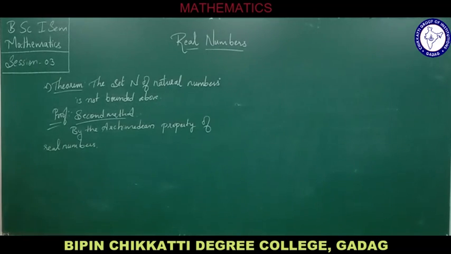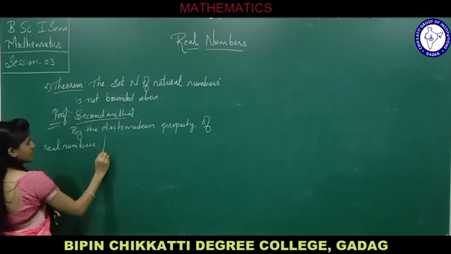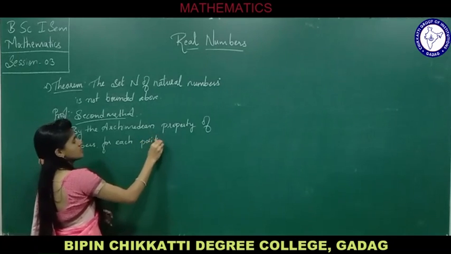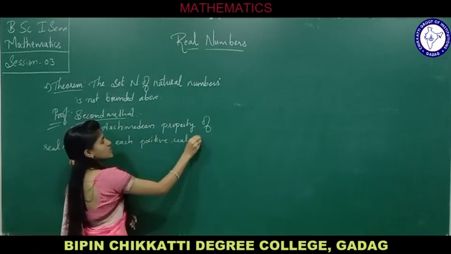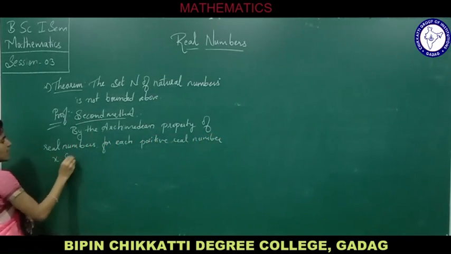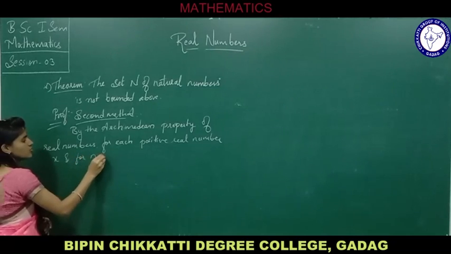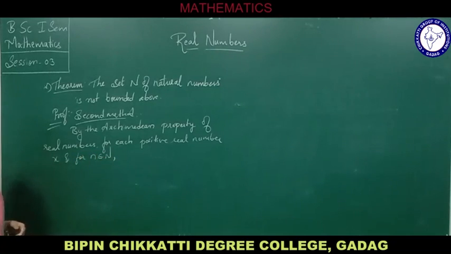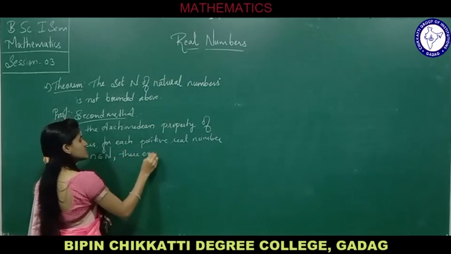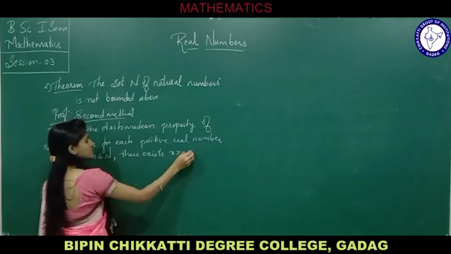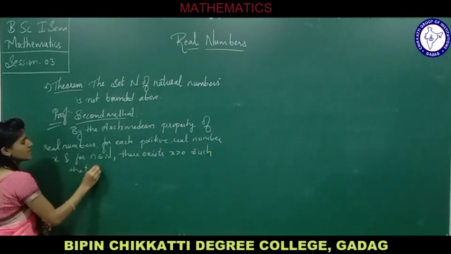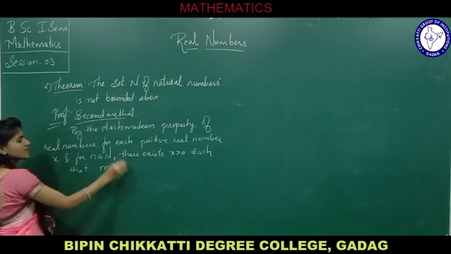For each positive real number x, and for n belongs to N, there exists x greater than 0 such that, how was it, n into x greater than y.